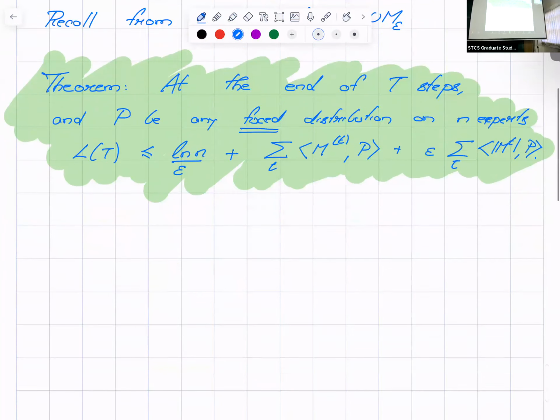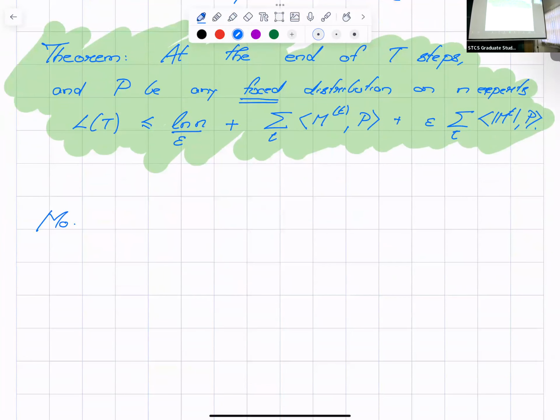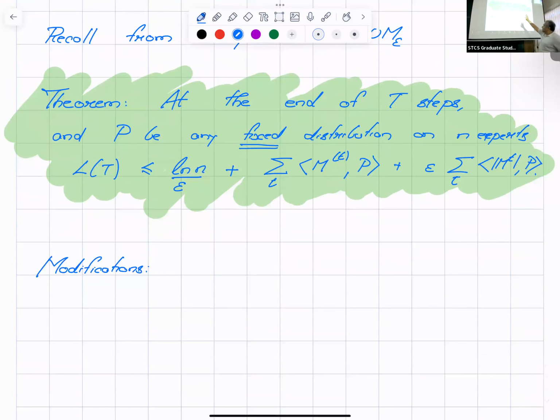We will see slight modifications of this algorithm. The first term is where the M's are positive and the second term is negative. So this is a modification. This is M^T, the losses if you had worked with this probability distribution, that's the cumulative loss you will see over time.